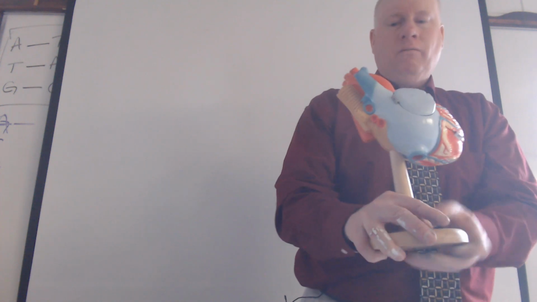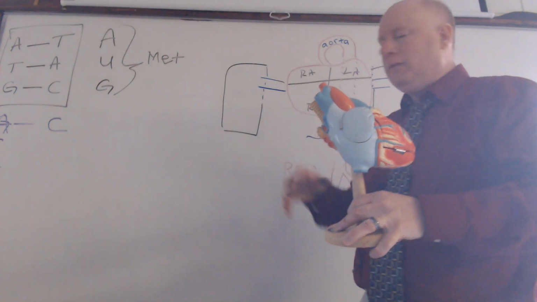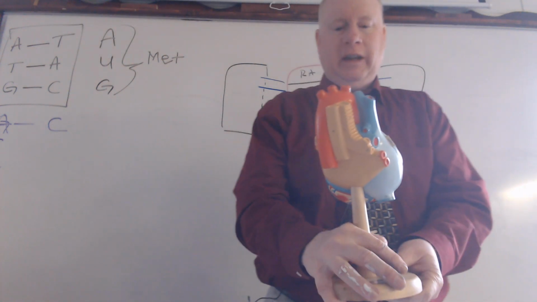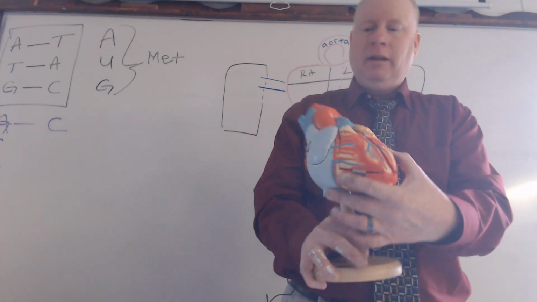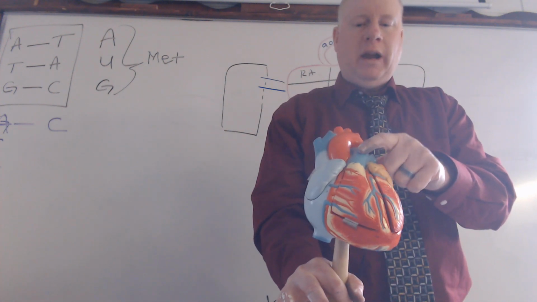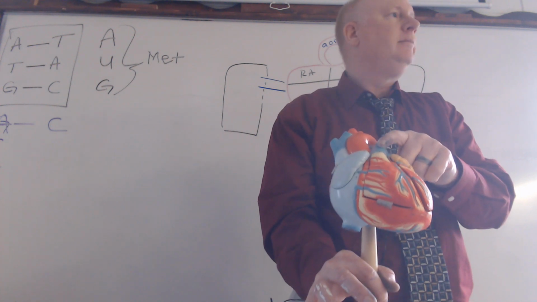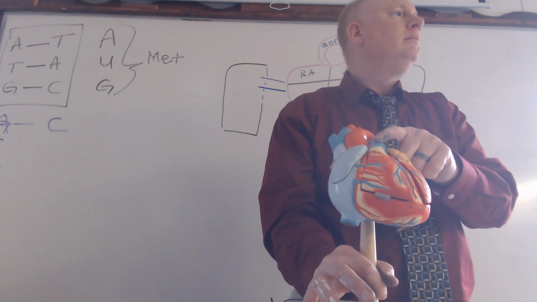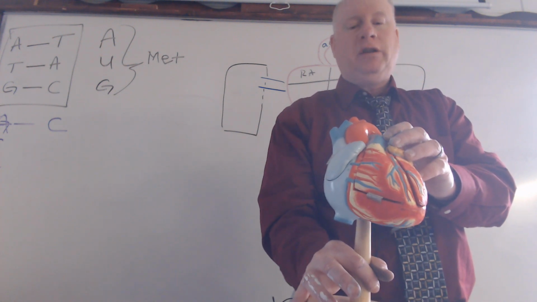Okay, and what we had tried to depict earlier, what you see from, actually it's not so much that it's behind, but here you have coming out of the right ventricle, because it's sending blood away to the lungs.